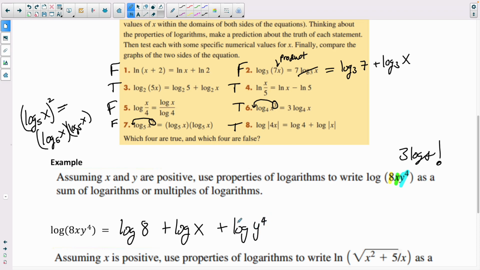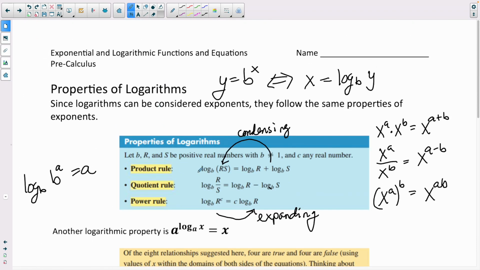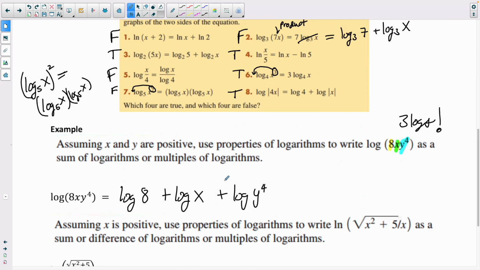So my first step is I'm always going to look for a quotient or a product, okay, to separate. So I'm going to separate these all using my product rule from up here. Once you separate using the products or the quotients, you're going to look, are there any powers? There is a power right here, and so that's going to move to the front.